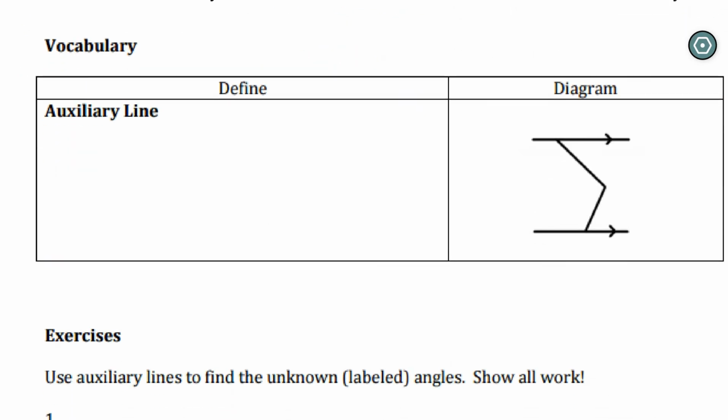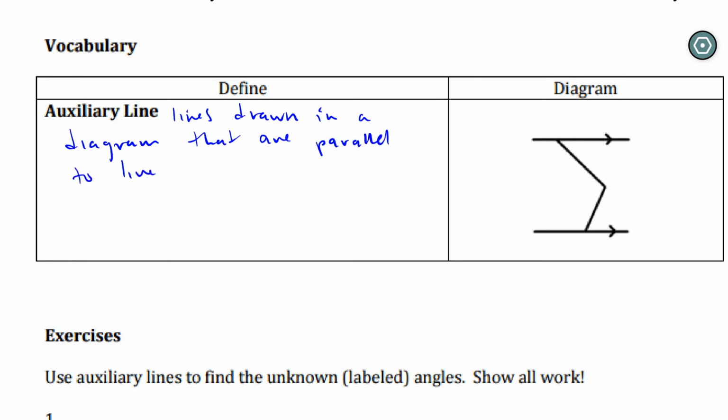Today's lesson is essentially an extension of what we did with parallel lines and transversals. It's something called auxiliary lines. Auxiliary lines are basically just lines drawn in a diagram that are parallel to lines in the diagram.